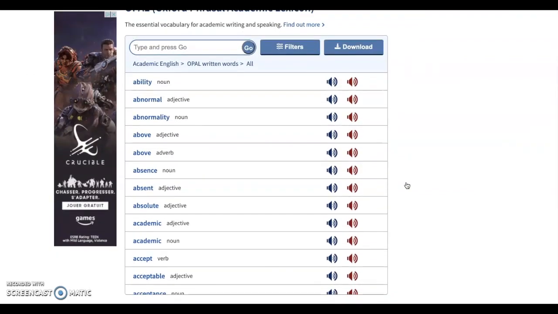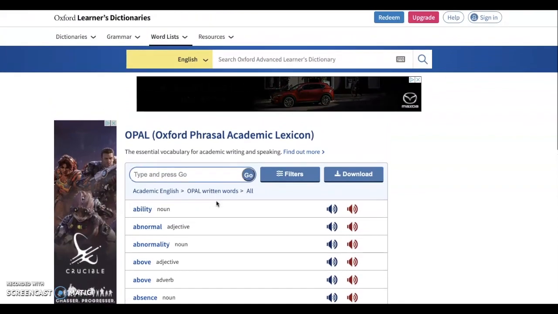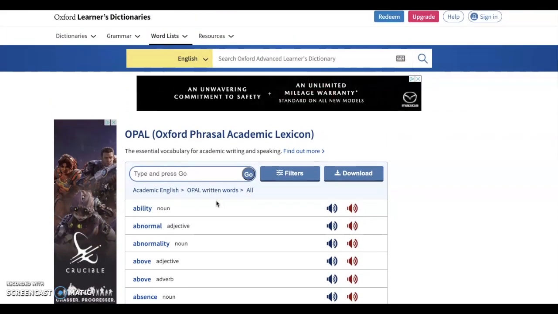So here we have words that are used by academic writers and mostly found in academic texts. So words like ability, abnormal, abnormality, above, absence, absolute. These words are very useful for people who are taking academic tests, such as the TOEFL iBT or the academic IELTS.